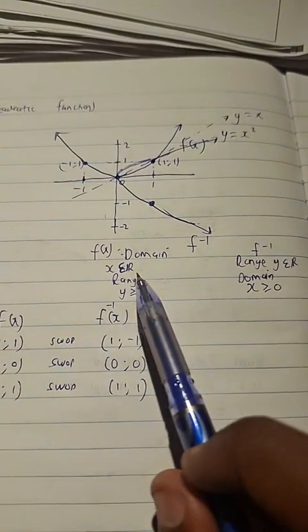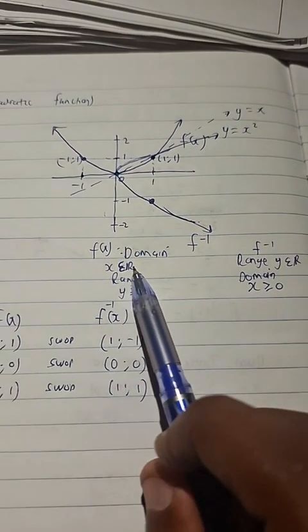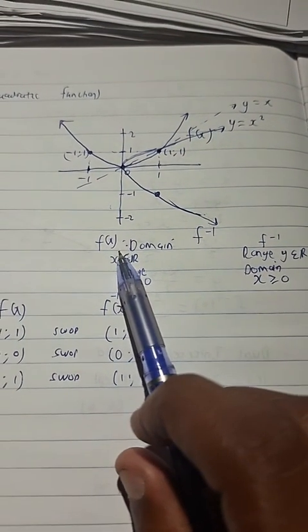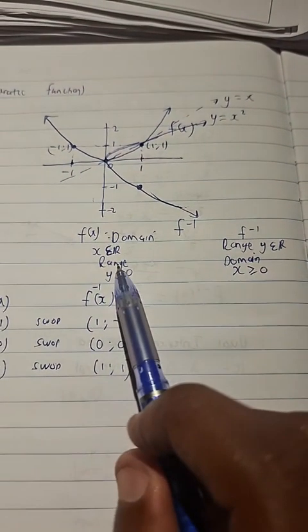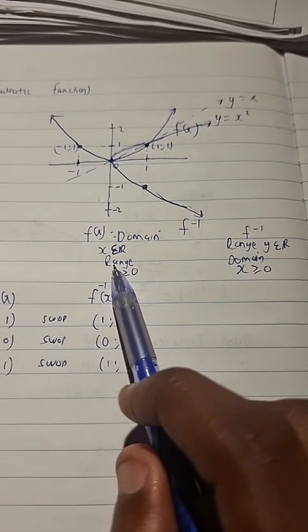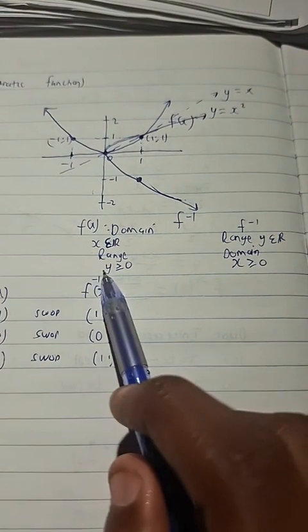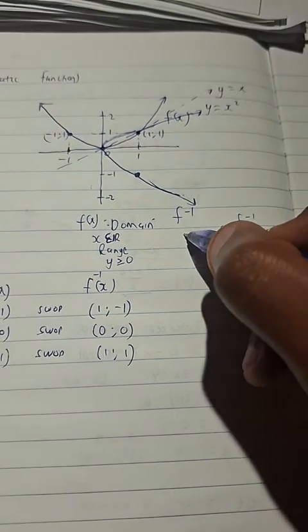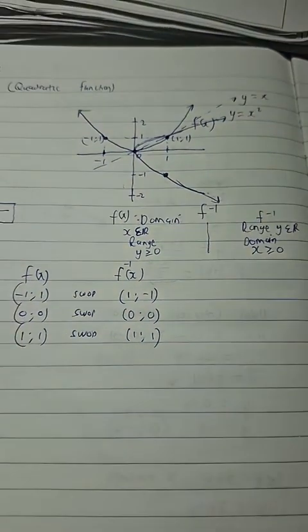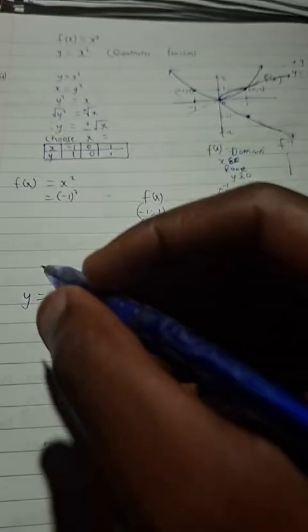The domain of the function gives the range of the inverse, y is an element of R. The range of the original function gives the domain of the inverse, x is greater than or equal to 0. If we can hold that principle where domain and range is concerned, we'll be safe and well.